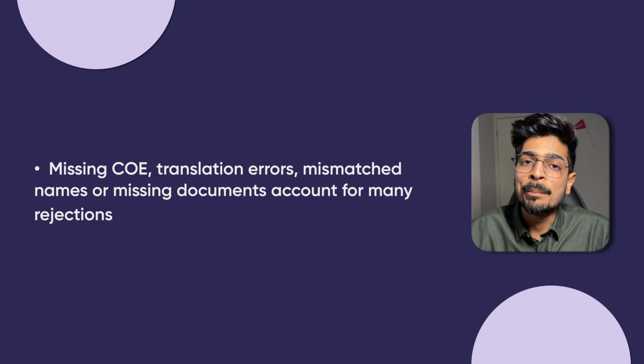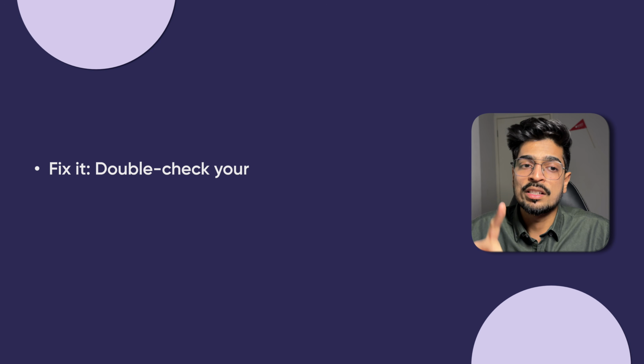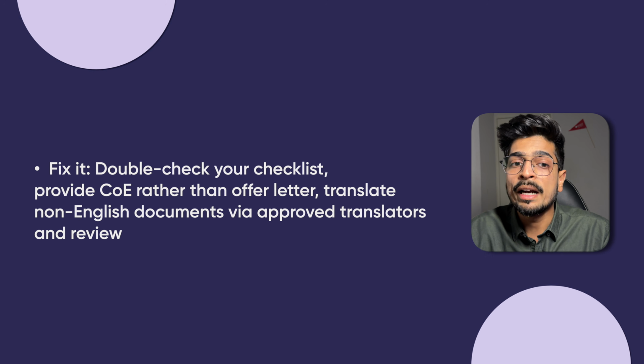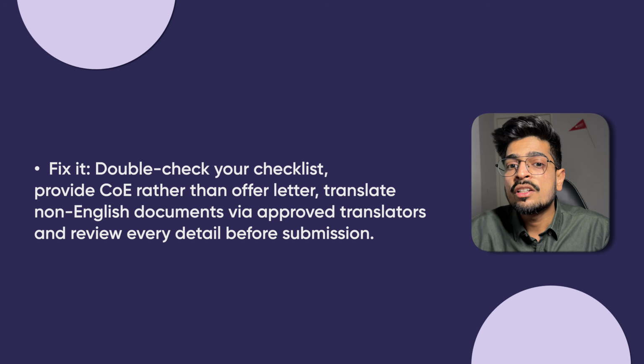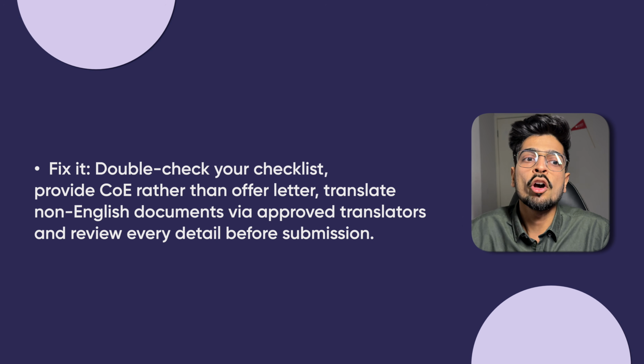Translation errors, mismatched names or missing documents account for many rejections. To fix it, first, double-check your checklist. Always have a checklist and keep checking it. Next, provide a COE rather than an offer letter, as I've mentioned already. Translate non-English documents into English via approved translators if possible, and review every detail before submission. It's going to be so helpful for you.